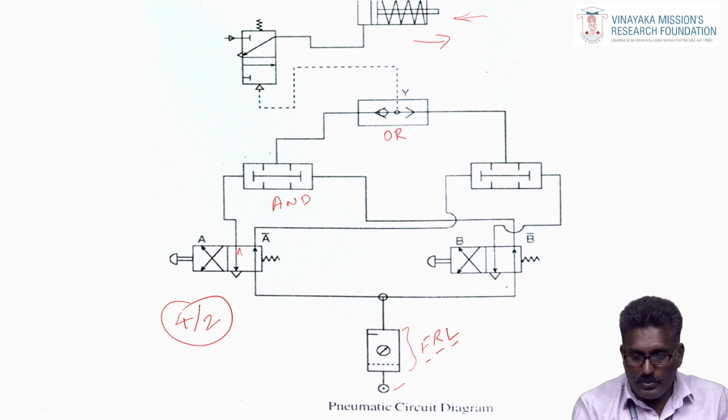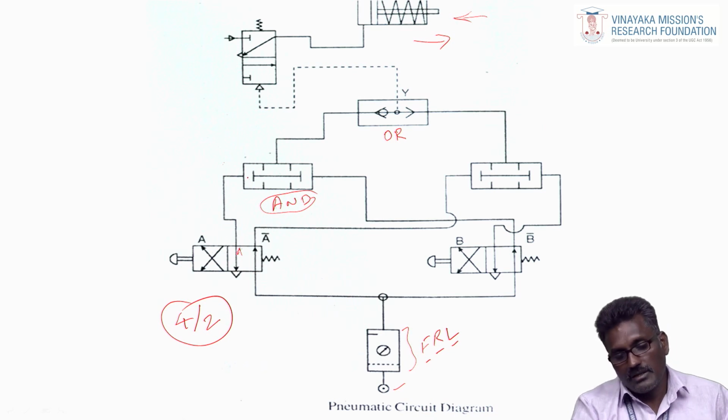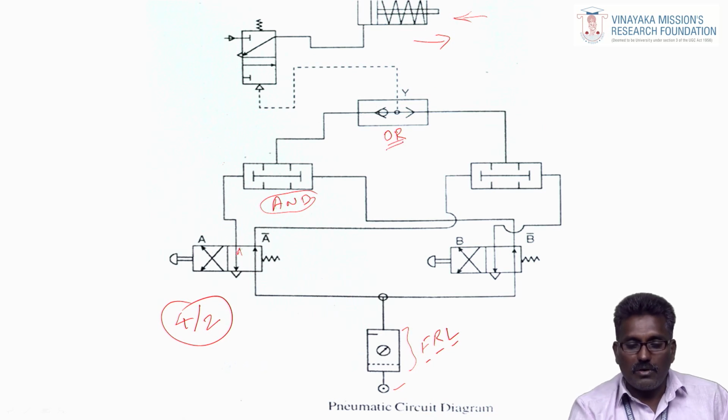And this button is not pressed, but it is already having pressure. It is the AND valve; only when two pressures are there does it produce output. So you press A, it has one signal, and this signal is already available, the two signals are there, it is satisfied and produces output. This output comes to this OR valve.